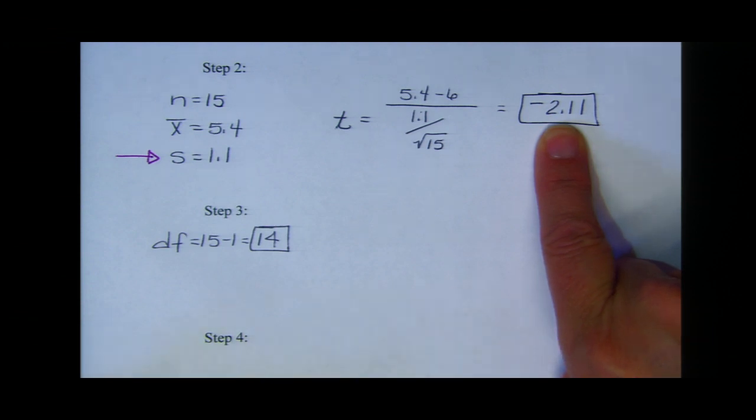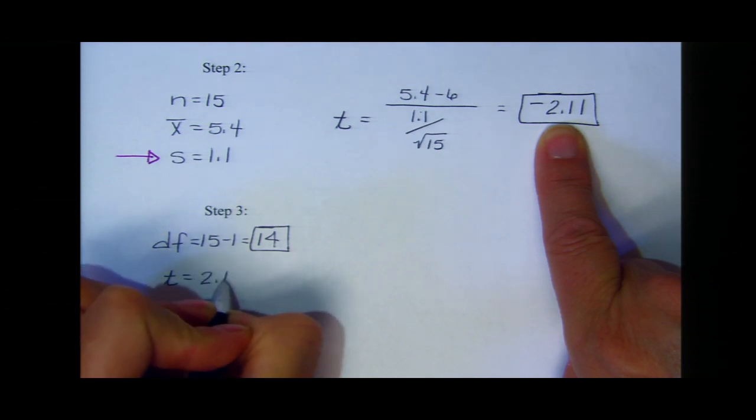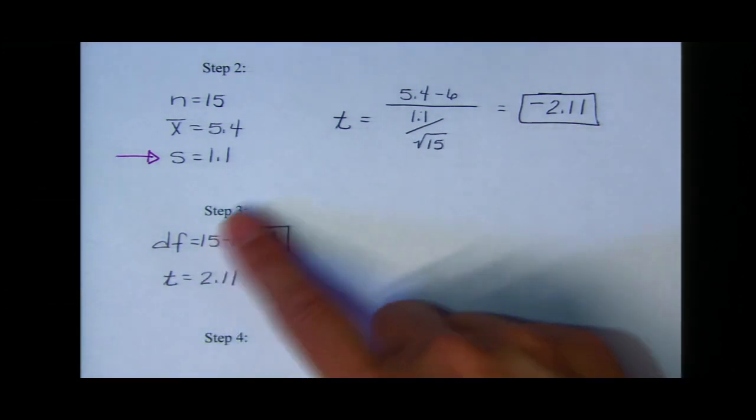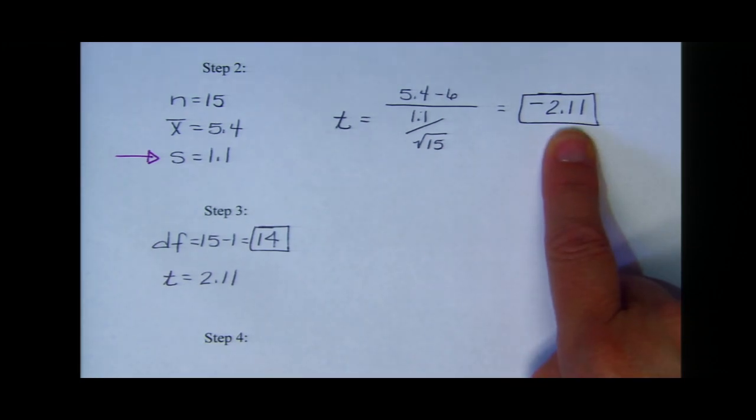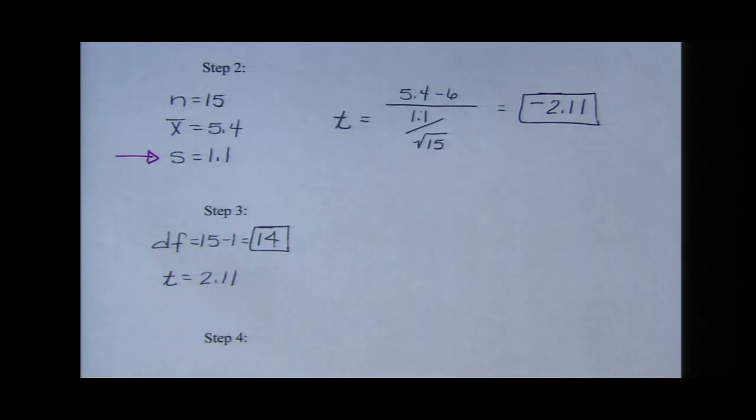So for purposes of the table, I'm going to be looking for t of positive 2.11. Now again, my actual test statistic is negative 2.11. So if WebAssign asks for the test statistic, you give the negative value. But for purposes of the table, I'm looking for its positive.